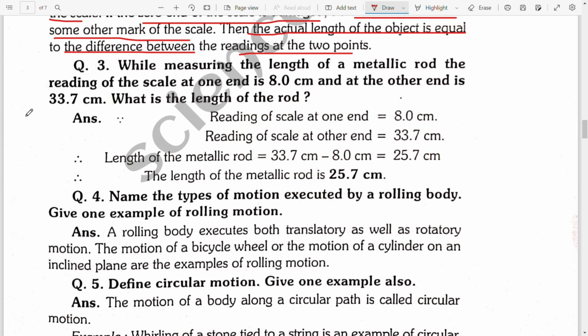Question number 3, it is very important question also and the interesting one also. Actually, it is the numerical question. Hope you will enjoy this.